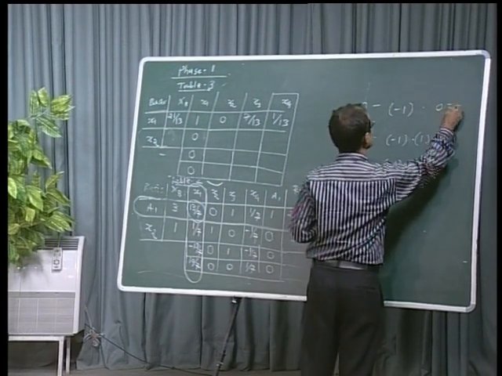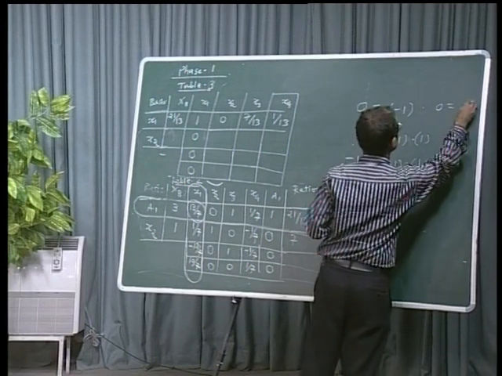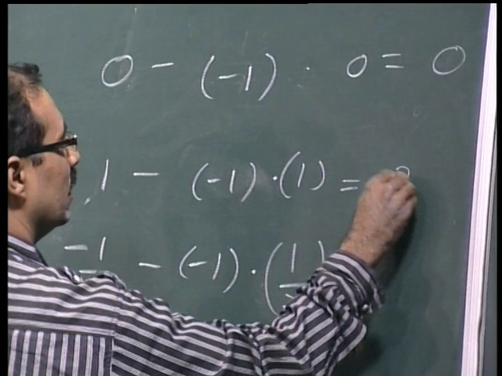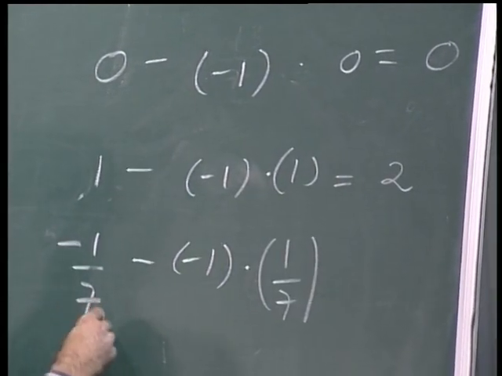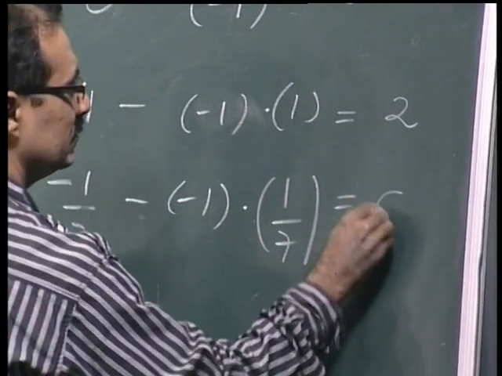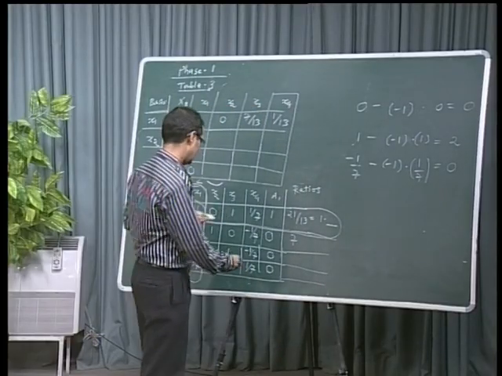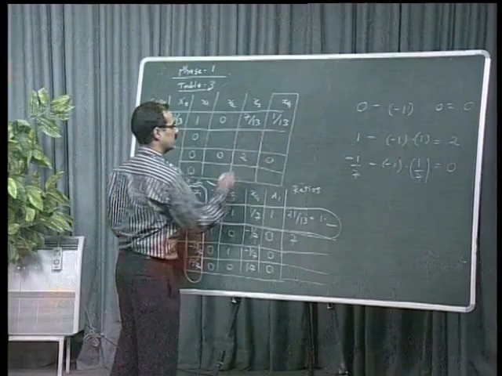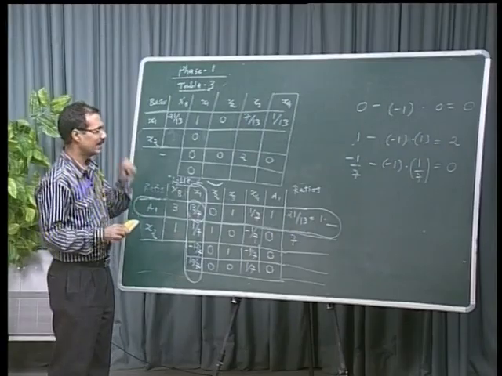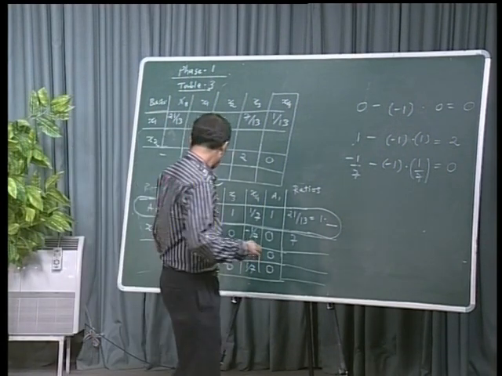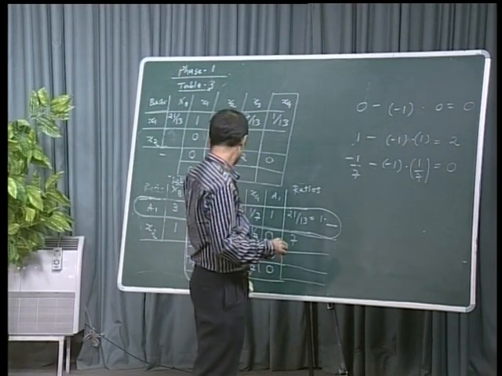If you calculate this, 0 and 0, so 0, 1 minus minus 1, 2, and this is also minus minus plus. So, minus 1 by 7 plus 1 by 7, 0. So, that is 0, 2, 0. Okay. Next, the last row, 10 by 7 row, will be 0, 0 and 1 by 7.